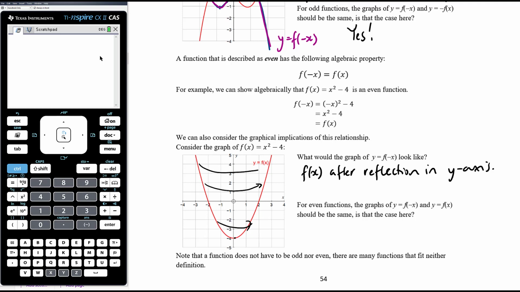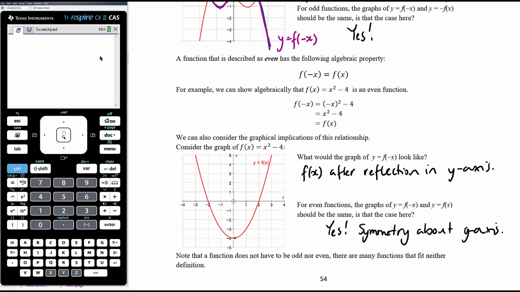If when you mirror in the y-axis, nothing changes, i.e. if the graph is symmetric about the y-axis, it will be an even function. And so this is indeed the same here. We have symmetry about the y-axis. And so that makes the function an even function.